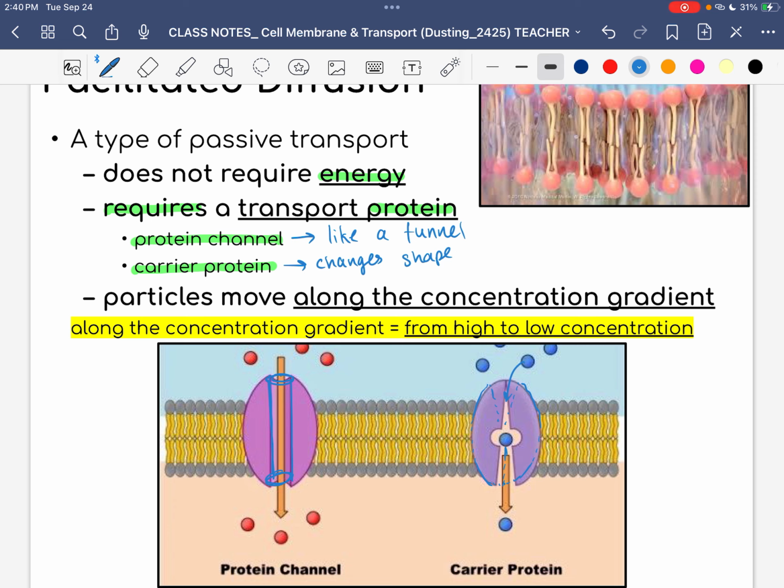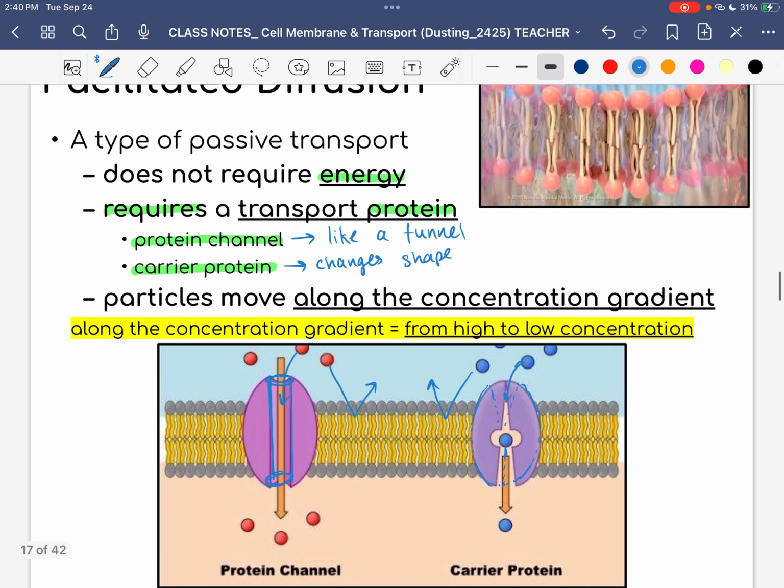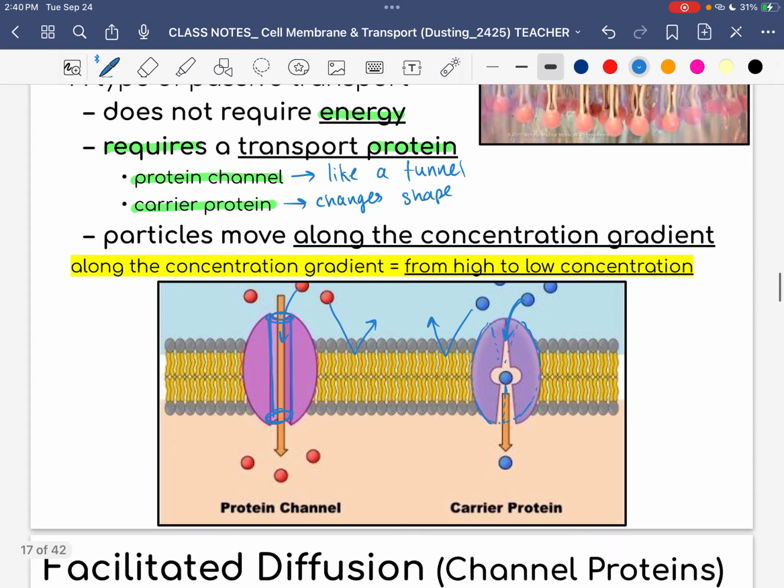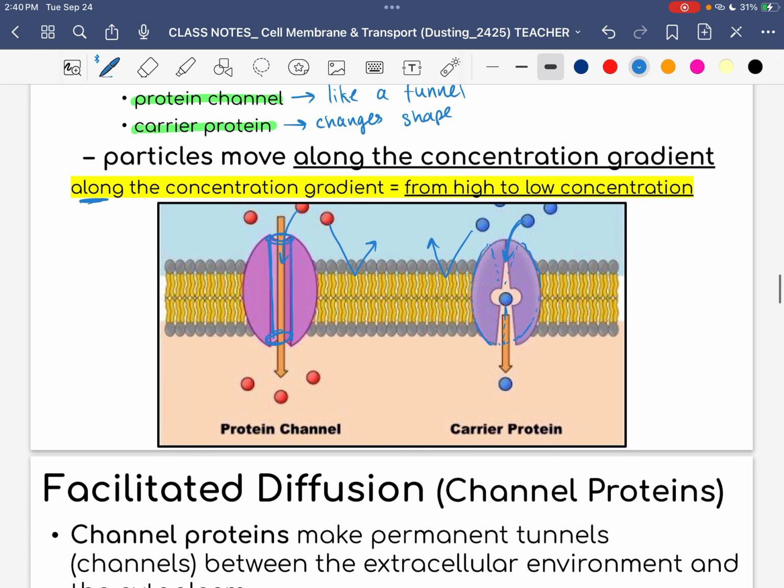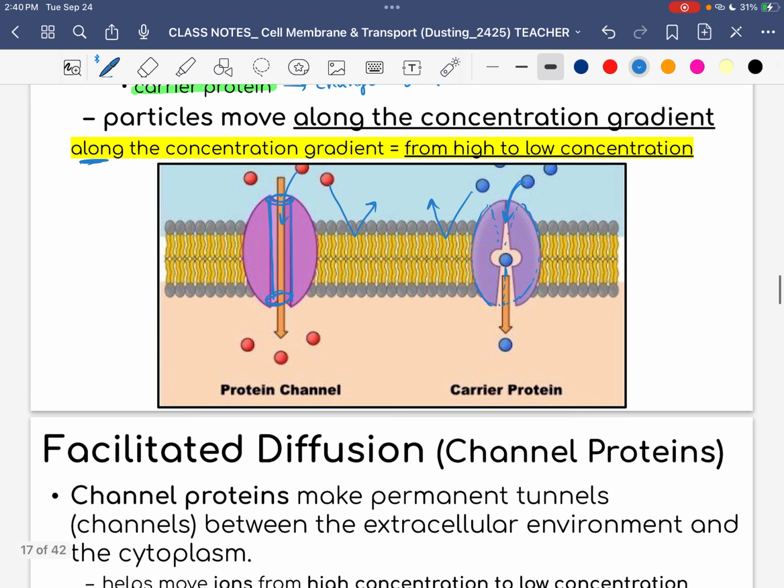Remember, these things are repelled by the hydrophobic interior, so they need a protein to help them go through the cell membrane. And again, they're moving along the concentration gradient from high concentration to low concentration. So these are things like ions and large polar molecules. They require that.